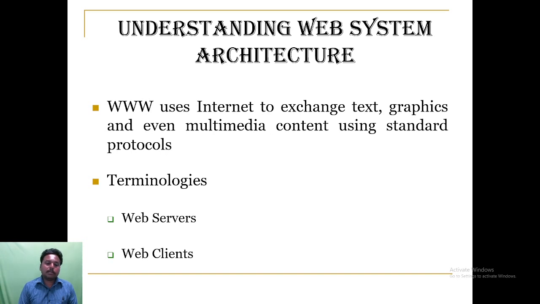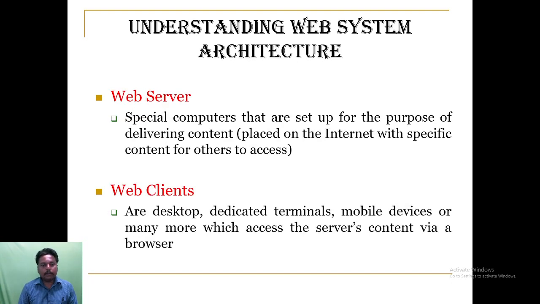Continuing with web system architecture, the WWW uses the internet to exchange text, graphics and even multimedia content using standard protocols. The terminology used is web server and web client. The servers and clients involved in online concepts are called web servers or web clients. What is a web server? It is a special computer where all the requests are received at one medium.